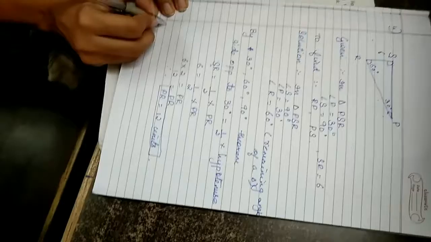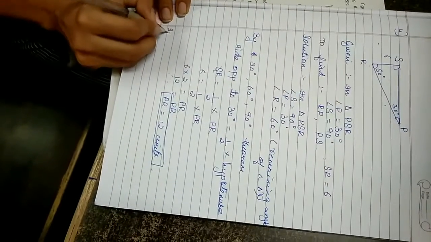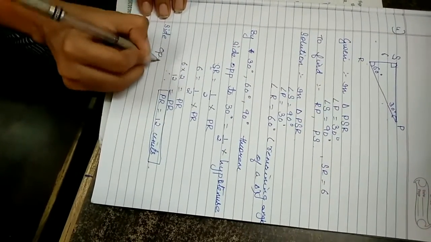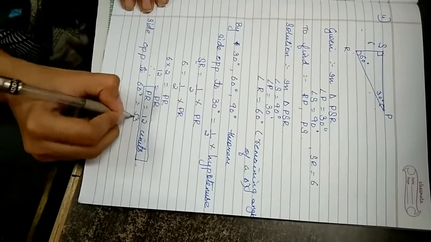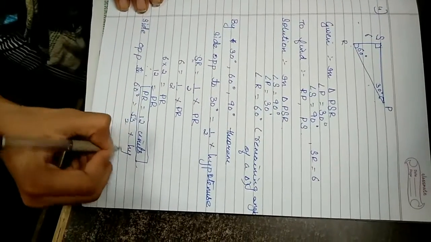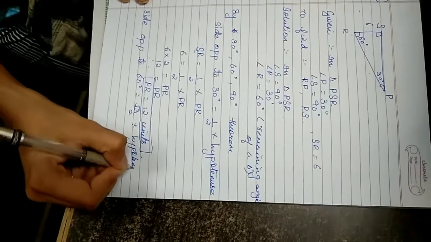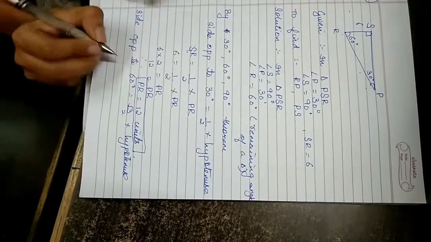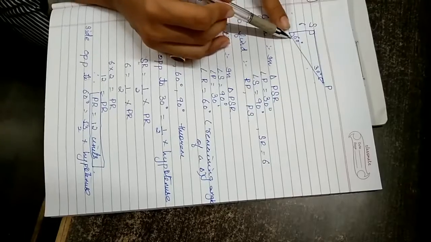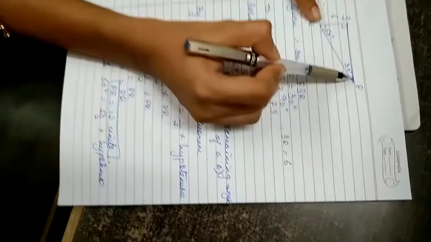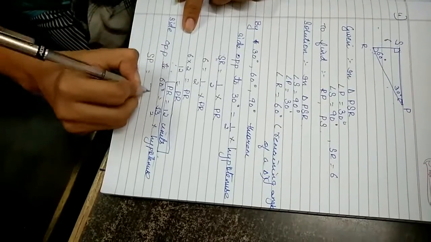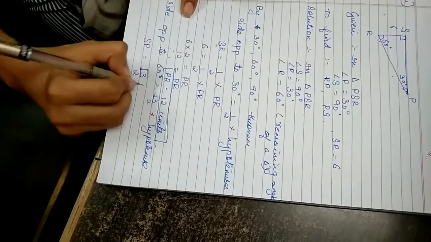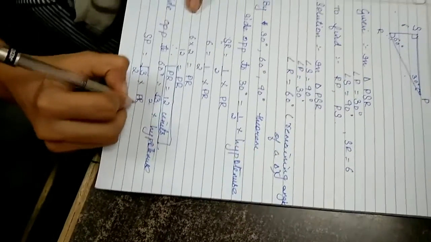Now second, applying the next formula: the side opposite to 60 degree is root 3 upon 2 into hypotenuse. Now the 60 angle is over here, and the side opposite to 60 is SP. SP is root 3 upon 2 into hypotenuse, which is PR.